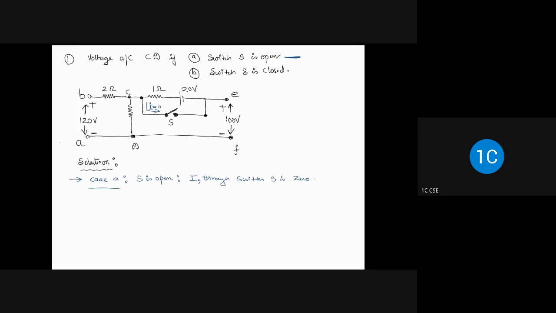If so, the switch connection can be removed. Why keep loose wires when there is no current flow? When you do that, this is what your circuit looks like.